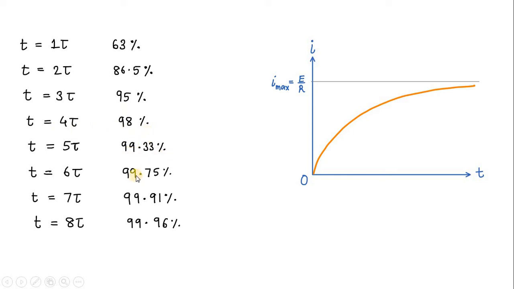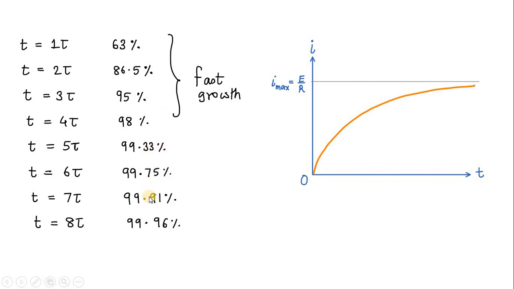Then 99.3, 99.75, 99.99, and you see, it still does not reach 100%. A very interesting thing to note is that in the beginning it was growing very fast: 63 to 86, a very big jump, and 86 to 95 also a big jump. But as time passes, even in equal time intervals, the amount of jump is not the same.